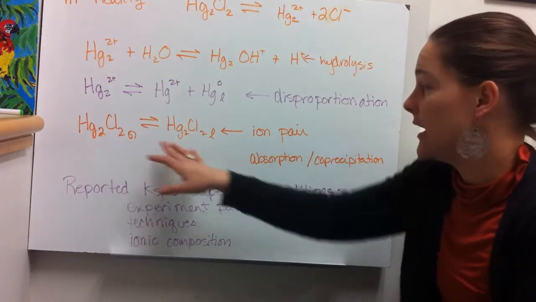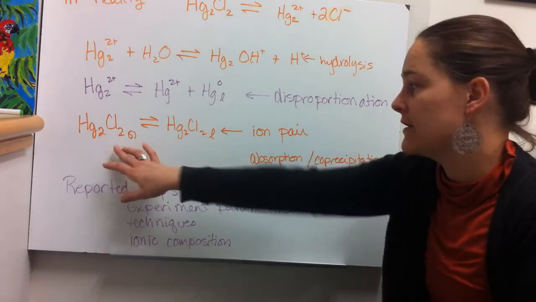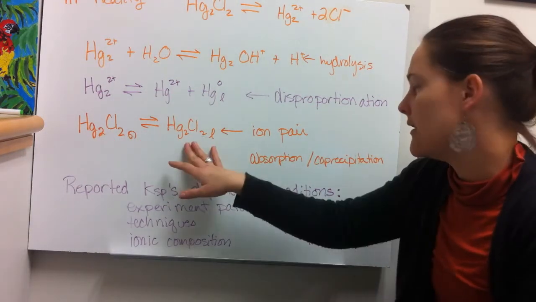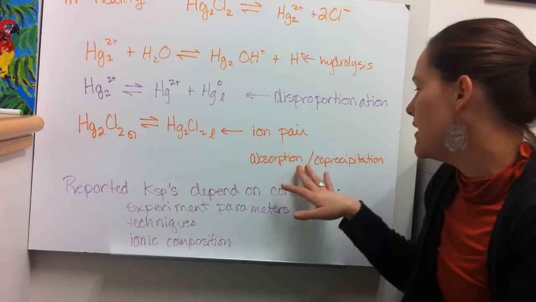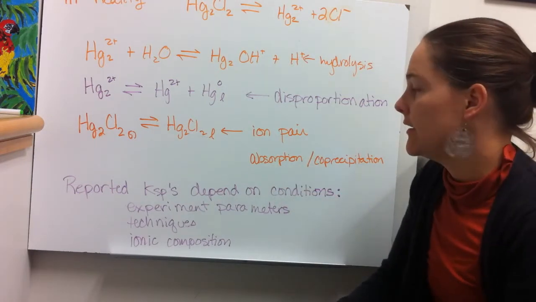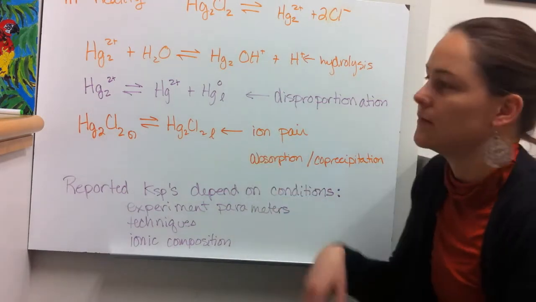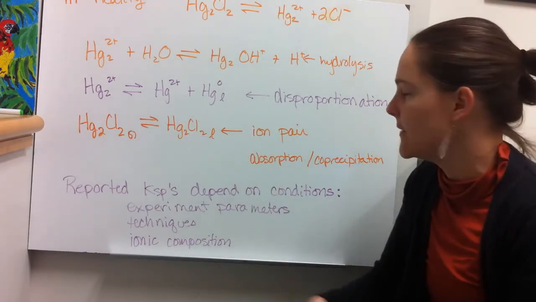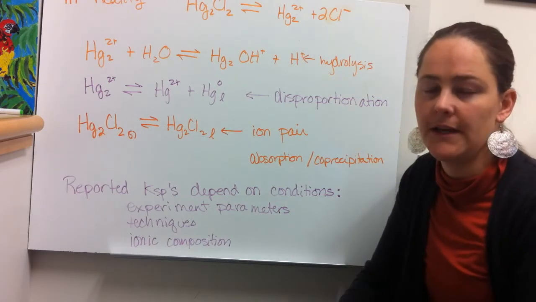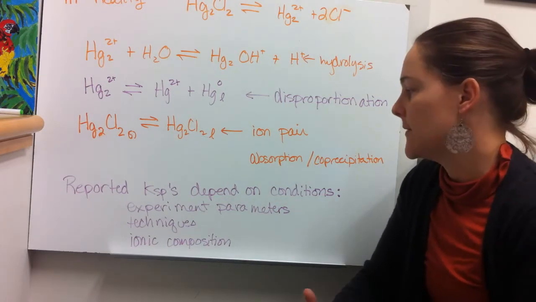Some of it can form an ion pair and have the solid dissolve into an aqueous form. You could also have adsorption and coprecipitation occurring. So those are things to watch out for in these experiments, but it also gives you a flavor of how complex these experiments can be.